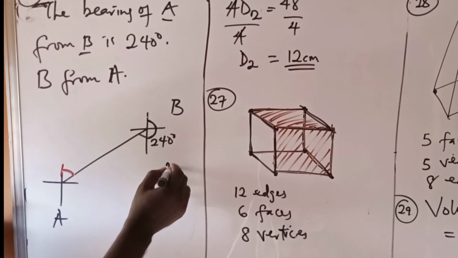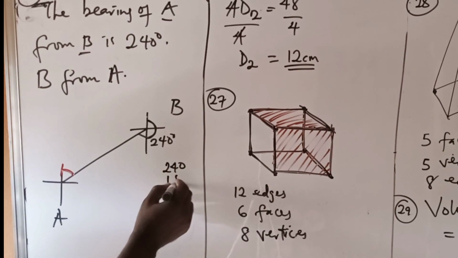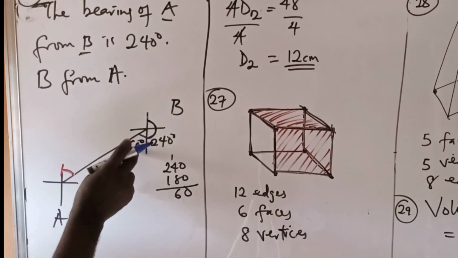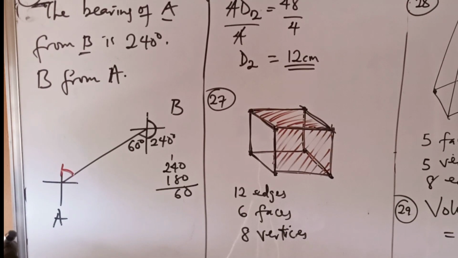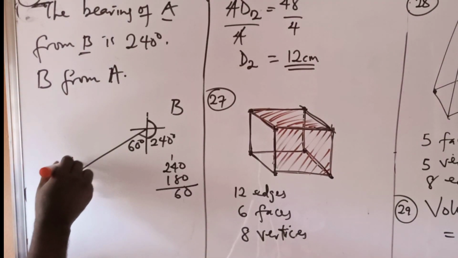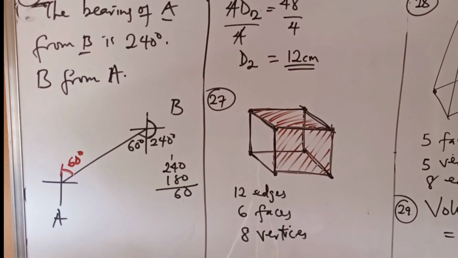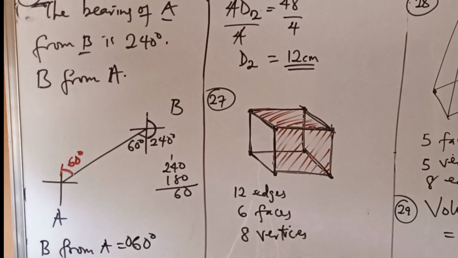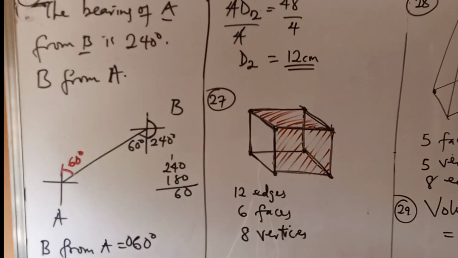Let's remove 180 from 240. 240 minus 180 is 60 degrees. So this angle and this angle are alternate angles. In that case, this angle will also be 60 degrees. So the bearing of B from A is 060 degrees. That's option D.